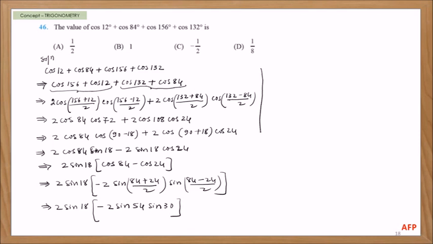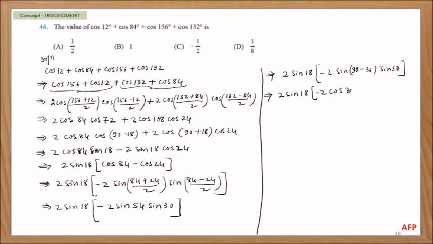Now here we will write: this implies 2 times sin 18 minus 2 times sin(90 minus 36) sin 30 degrees. This implies 2 times cos 36 degrees sin 30 degrees.